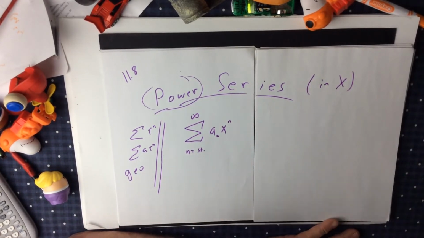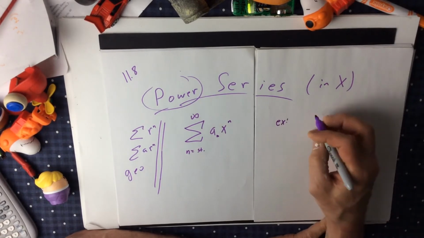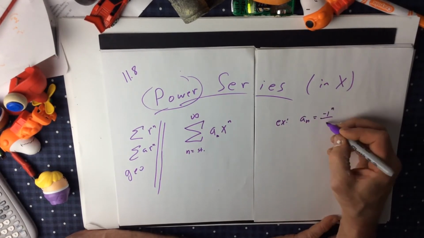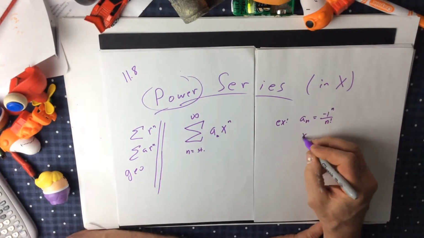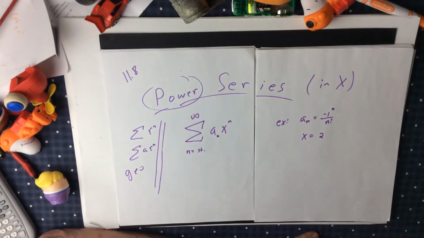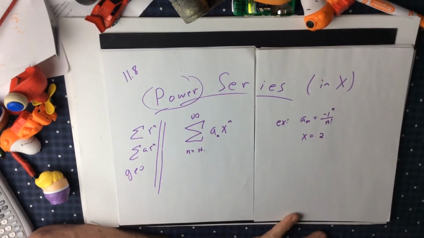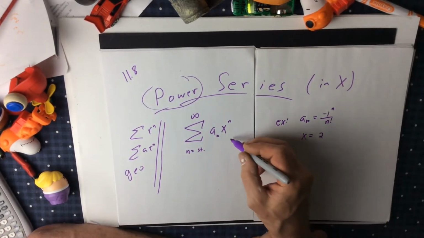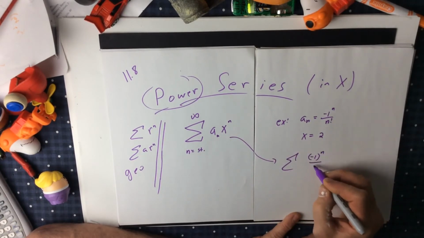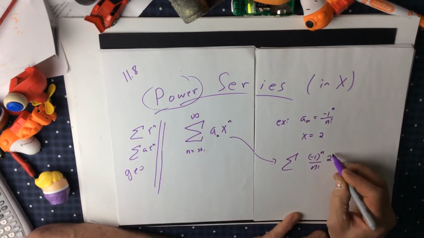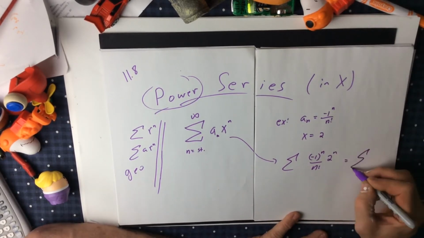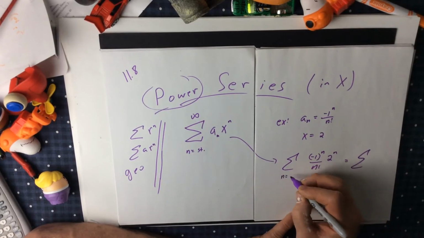Now, I'm going to give you an example of one. So if I let a_n be minus 1 to the n over n factorial and x equals 2, then this would read the sum of minus 1 to the n over n factorial times 2 to the n, and now this is an alternating series, and let's have some starting point. Let's start at 5.